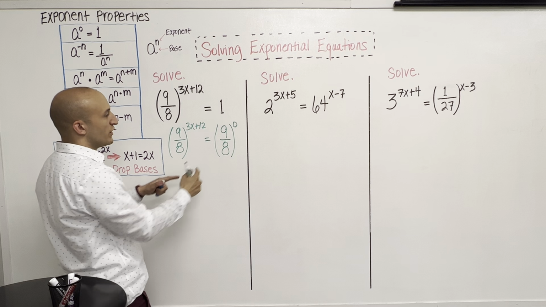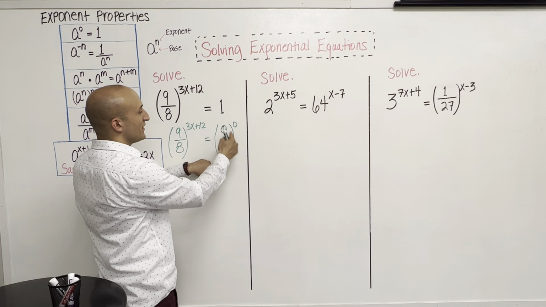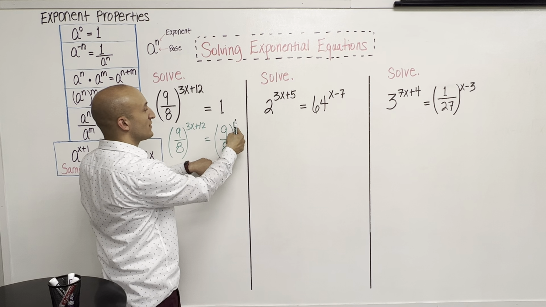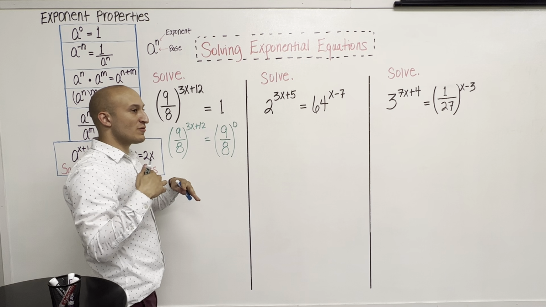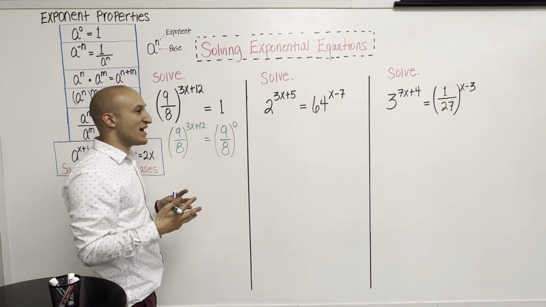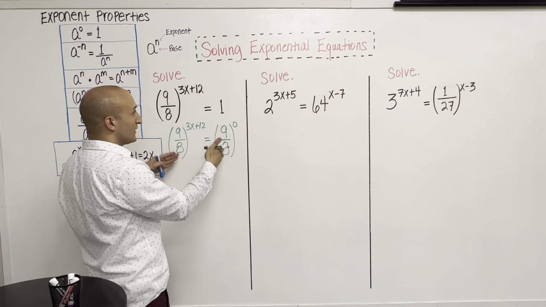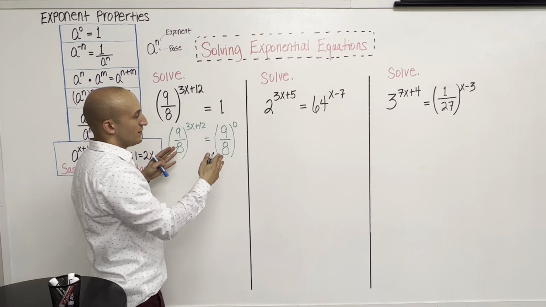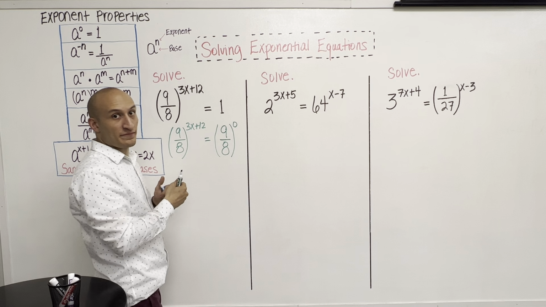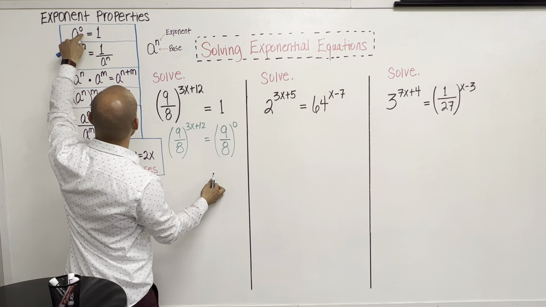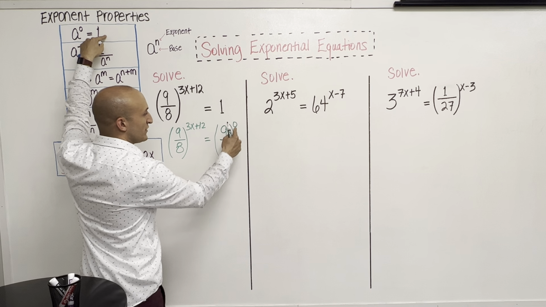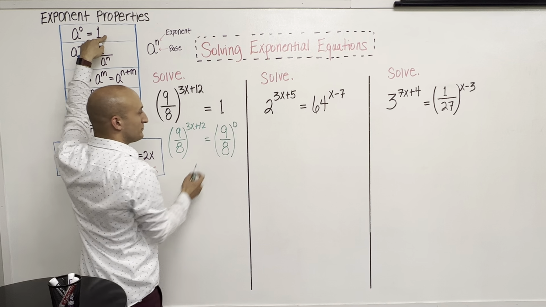Well, we know that anything raised to the 0 power is 1. Just like we see in math all the time, it may look different, but it's the same. According to this property, if I raise it to 0 power, it equals 1.